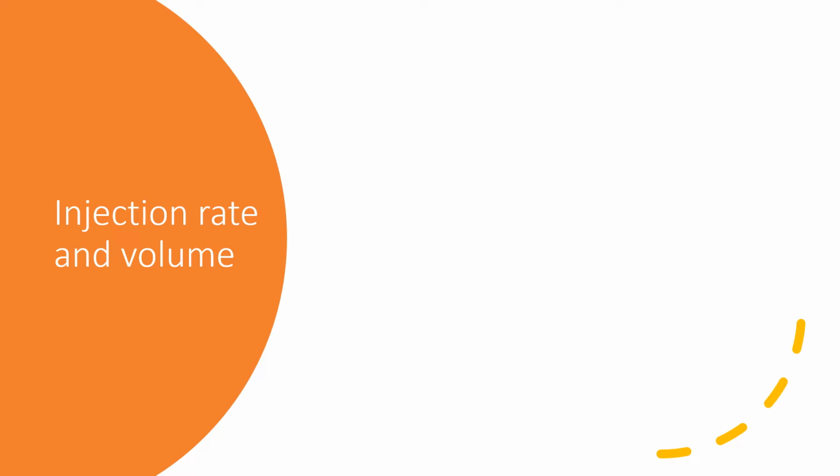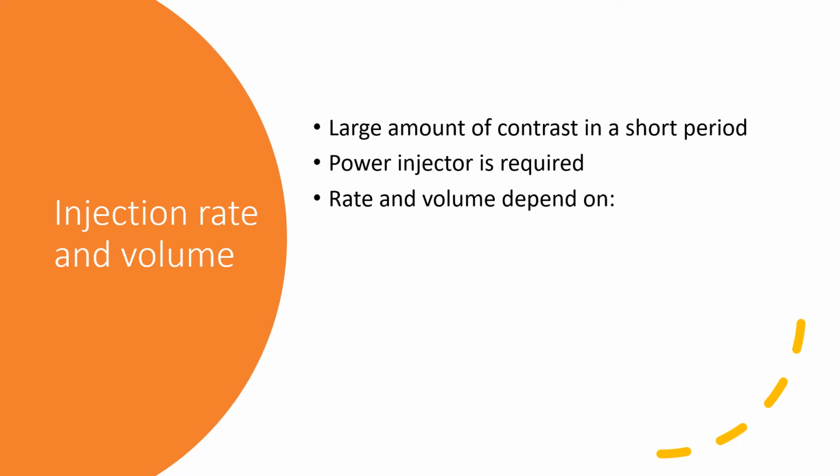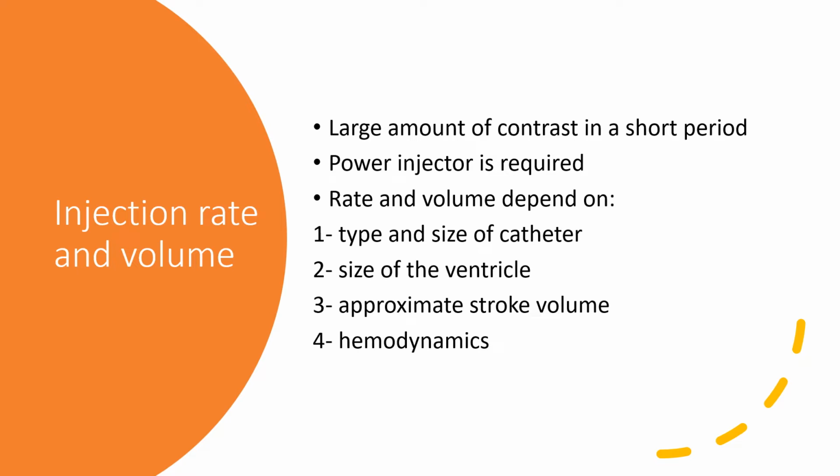About the injection rate and volumes, usually a large amount of contrast is needed in a short period of time. A power injector is required to perform rapid delivery of this amount. The injection rate and volume depend on the type and size of the catheter, the size of the ventricle to be opacified, the approximate stroke volume, and the hemodynamics.